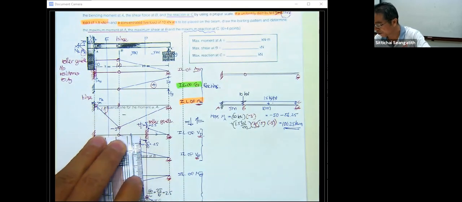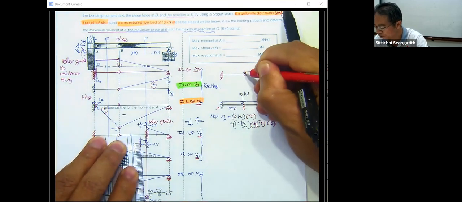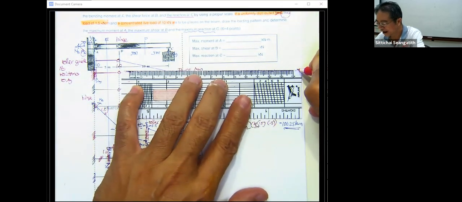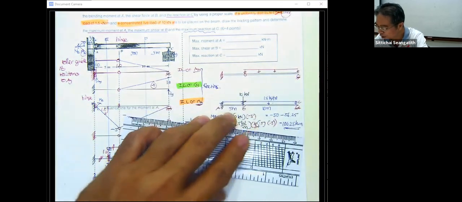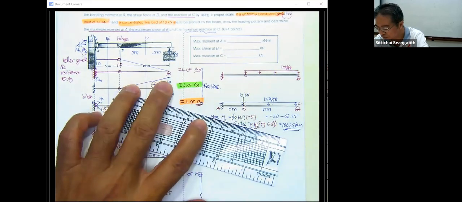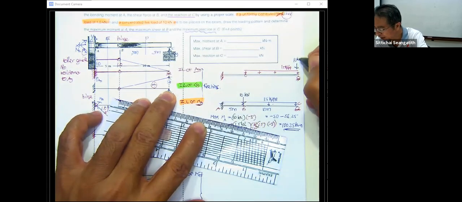So we just put the uniformly distributed live load. I just change it a little bit into this, and this is going to be 1.5 kilonewton per meter. However, over here we have to put the 10 kilonewton here.